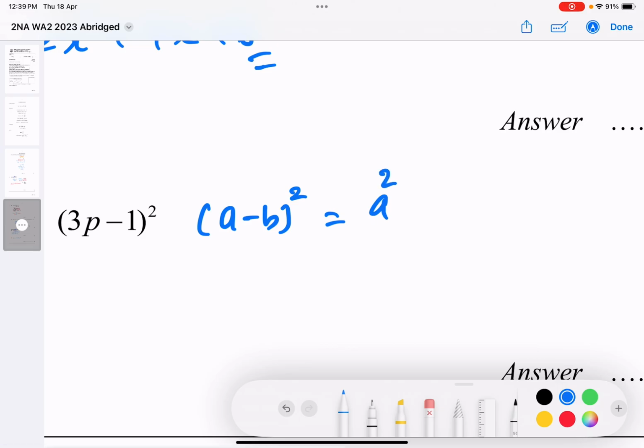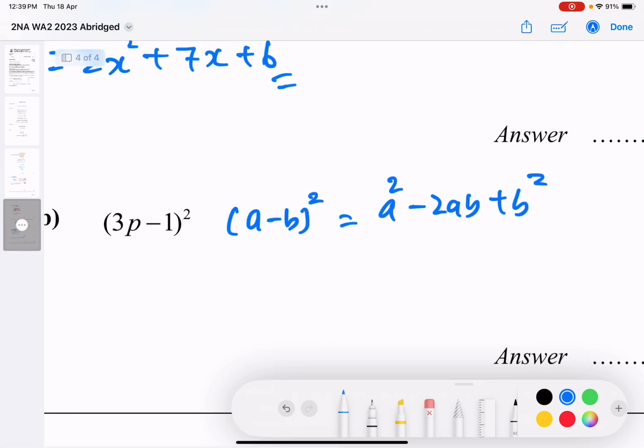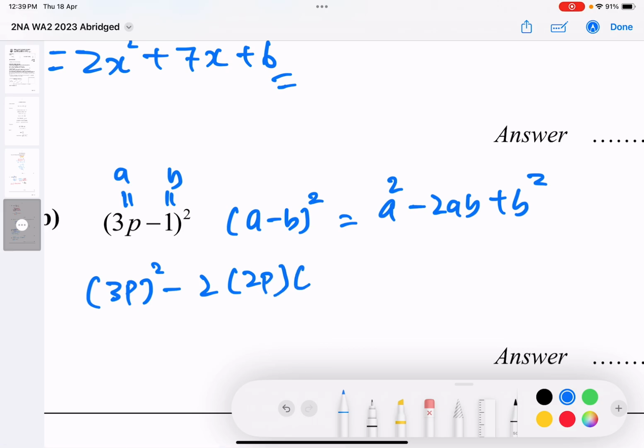No. A squared minus 2ab plus b squared. If you memorize this, then the expansion of this is actually simple, because you just need to know this is your A, this is your B. So the expansion is 3p squared minus 2ab plus b squared.